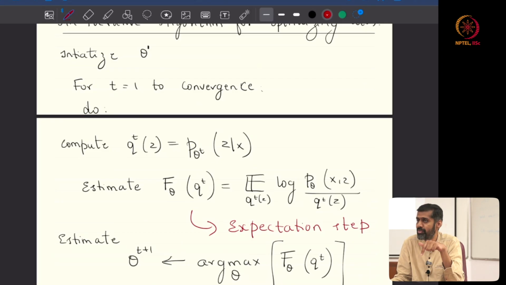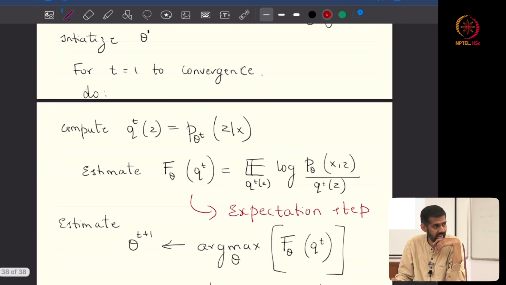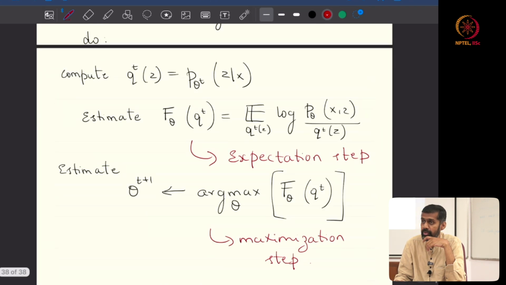Remember, in the case of GMM, what are these parameters? Alphas, mus and sigmas. We initialize them to some value and compute the posterior of the latent given data, then compute the lower bound and optimize the lower bound with respect to theta, and we iterate. That is it. Once we get the new theta, we again compute the posterior of the latent given data, compute the new lower bound and keep iterating.